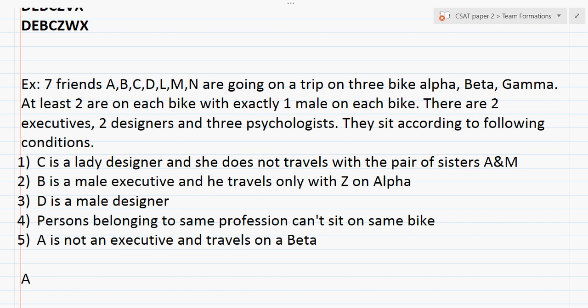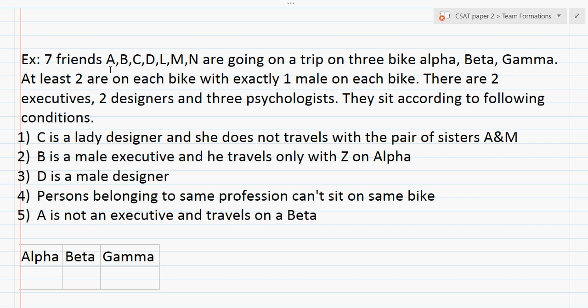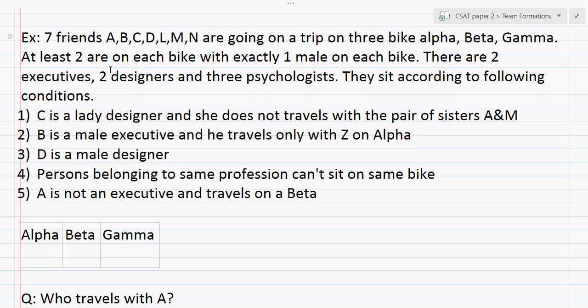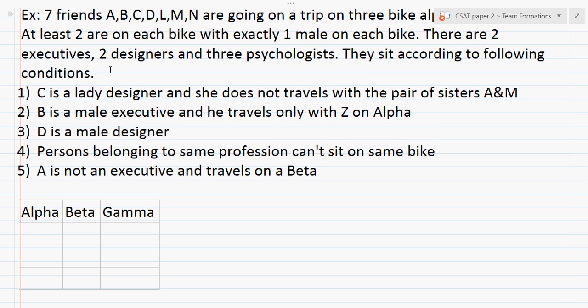So if there is one alpha, then this is beta, and then the third is gamma, right? Each would have a few people. One bike would have three, the others would have two, right?